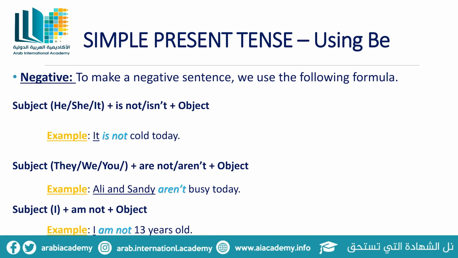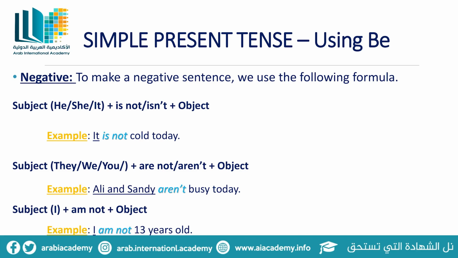Now, if the subject is they, we, or you, and I'm going to write a negative sentence, we have to add not to the verb to be. So the negative sentence will be subject plus are not plus the object. For example, Ali and Sandy are not busy today.